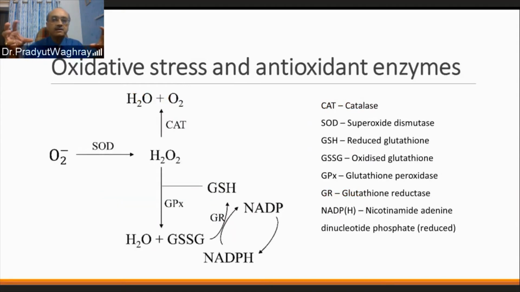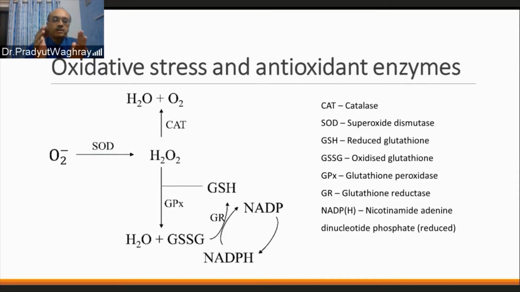Now, if you see the relationship between oxidative stress and antioxidant enzymes, on the left-hand side what you are seeing is the superoxide ion. Superoxide ion, which is a harmful free radical, is acted on by the enzyme superoxide dismutase, and it produces hydrogen peroxide, which again is itself a free radical and causes oxidative stress.